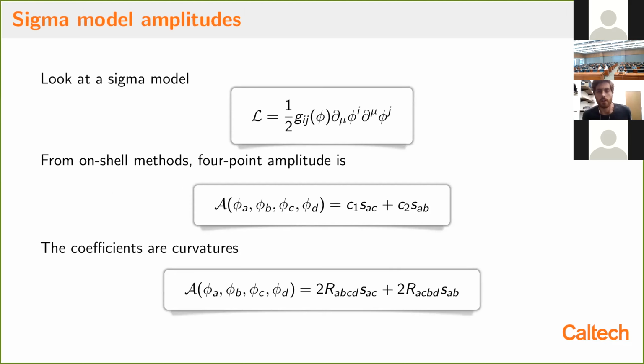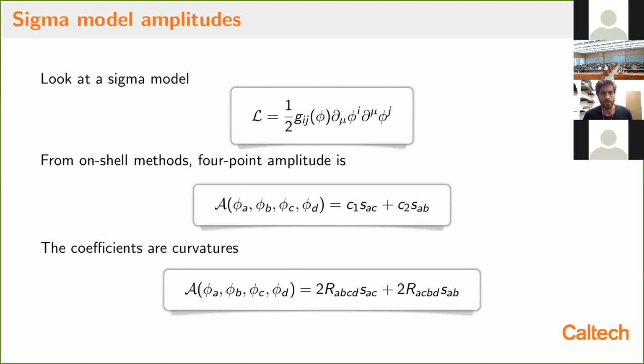So just look at, for example, a sigma model, by which I mean a two-derivative scalar theory, where these i, j can enumerate either a flavor index or just keep track of the various scalars. So this can be written compactly in this form, where this G_ij now is the field space metric for these scalars.